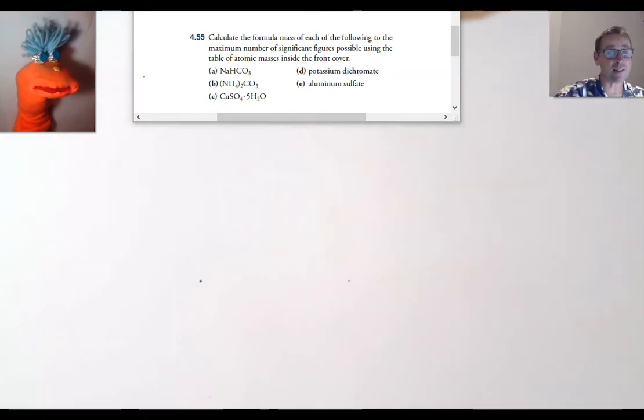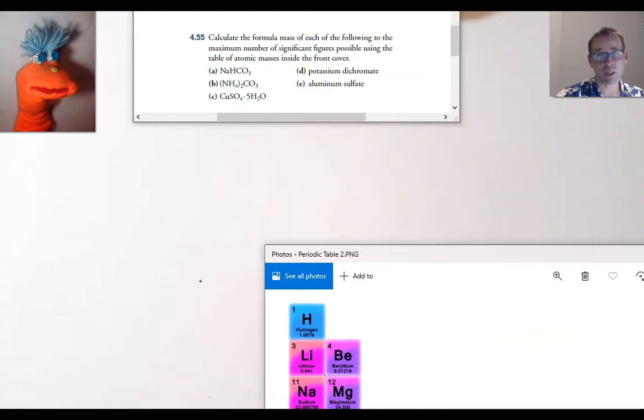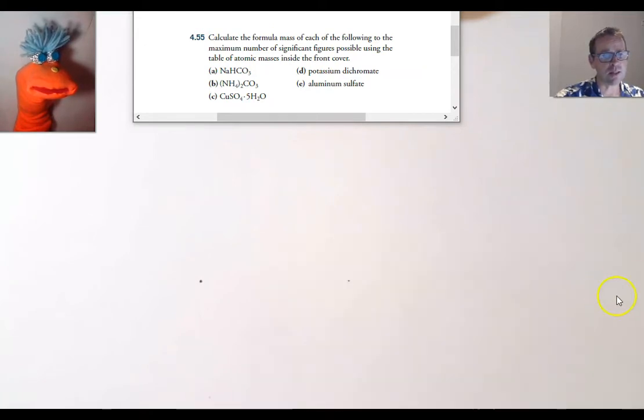So to find the formula mass, all we have to do is add up the atomic masses. For the atomic mass of sodium, we would just look on the periodic table and see the 23 there, right? But this is the formula mass.